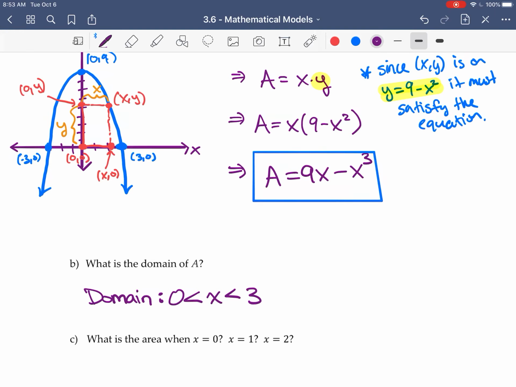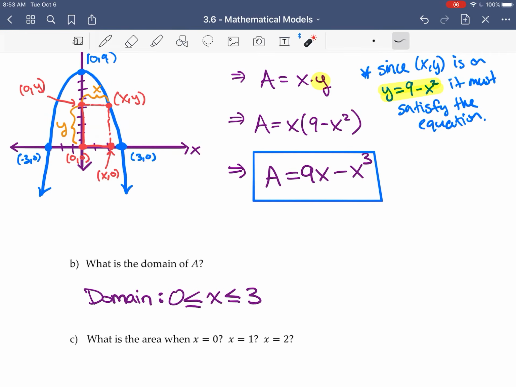Whether we want to include 0 and 3 is another question. You can. They're not really rectangles, but we could include them. If it was here, this point is actually also here, so I don't have any height to my rectangle. It's just a flat line.